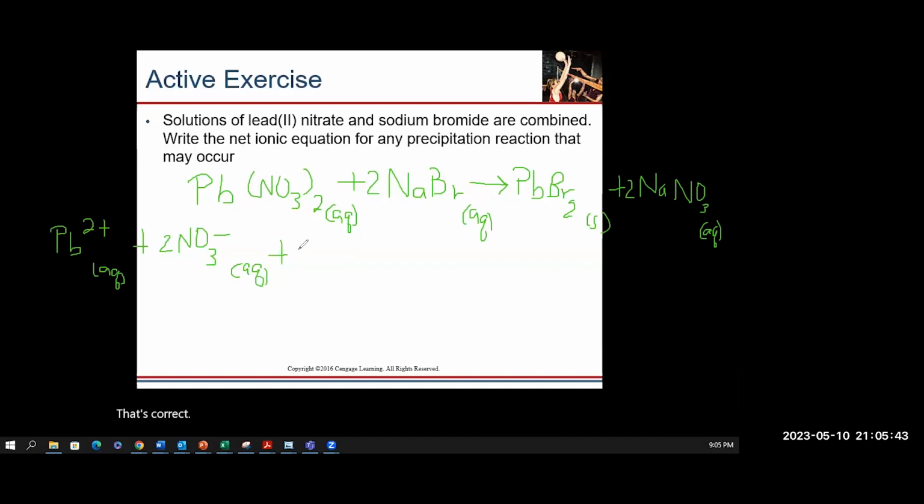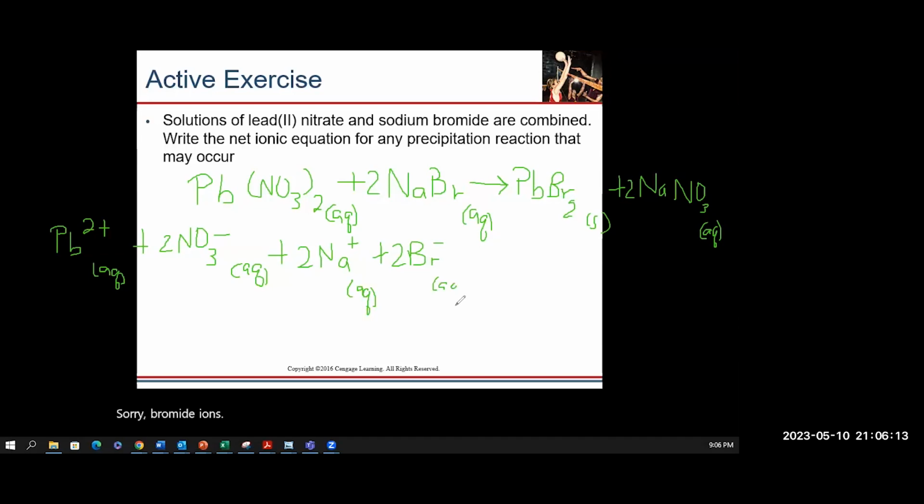How many sodium ions? 2. How many bromide ions? 2. All right, bromide ions.